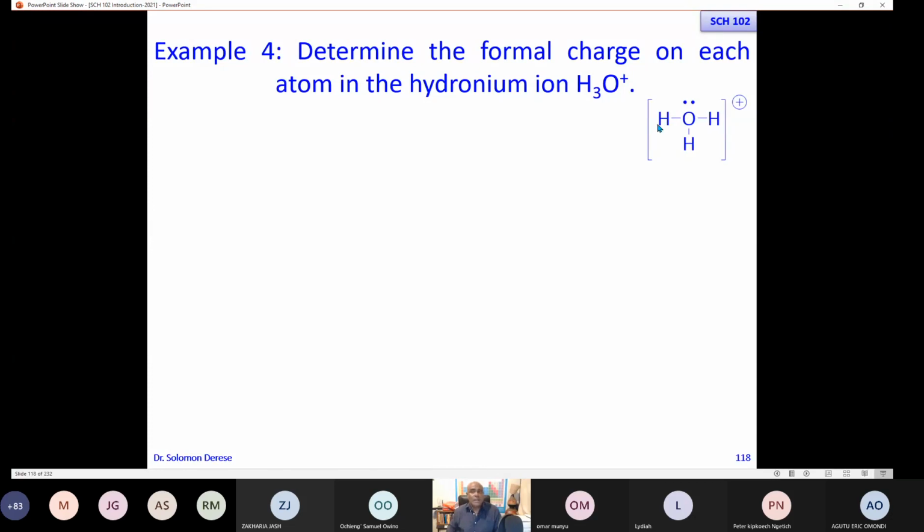Now, when you look at this hydrogen, how many electrons do you see around the hydrogen? 2. But of these two electrons, which one belongs to the hydrogen? Is it all the 2 electrons or only one of them?